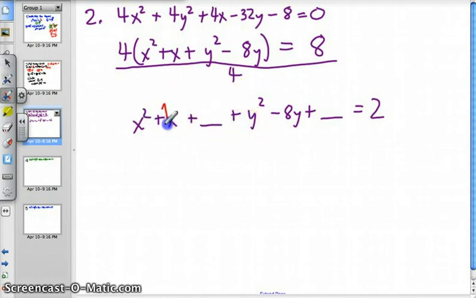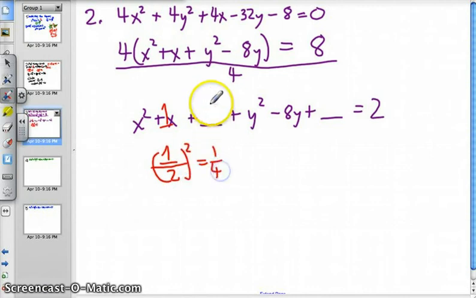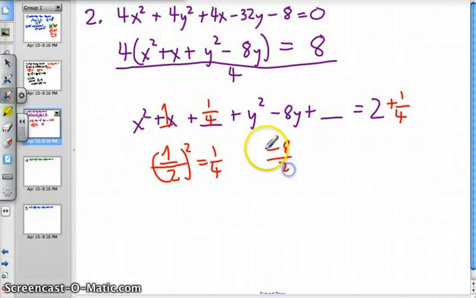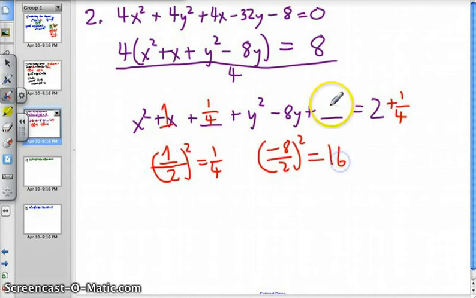I know that this coefficient right here is an invisible one, so I take half of that, I square it, that's equal to 1/4. So I'll put in my 1/4 here, and I know I need to add 1/4 to this side as well. Same thing here, I take half of negative 8, I square it, and that's going to be equal to 16, and I add it to both sides.